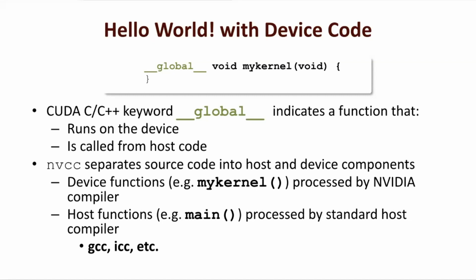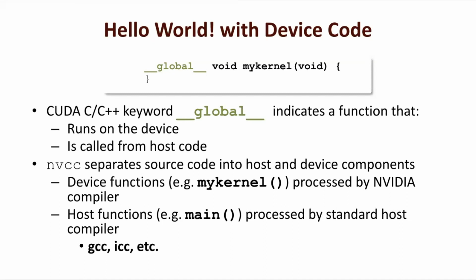If you don't have this, if you just have a void my kernel, that will be a host function, just like a regular function. It will be called from the host and it runs on the host. But this global more or less tells the CUDA compiler and runtime, hey, this is a function. You can call me on the CPU, but I can only run on the GPU.